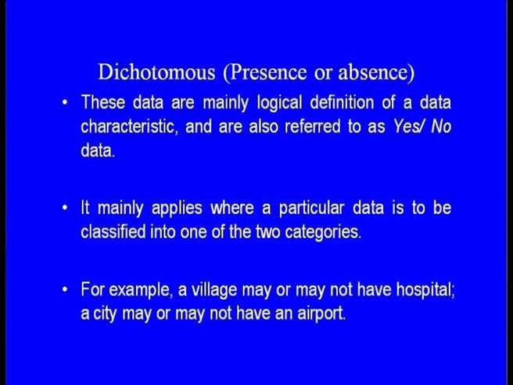For example, a village may or may not have a hospital, or a city may or may not have an airport. So, in these cases, if the attribute is hospital, then if the village does not have one, it would be defined as no, and if it is present, then it would be yes. Similarly, in case of a city where there is an airport, the representation would be in the form of yes, or else it would be in the form of no.